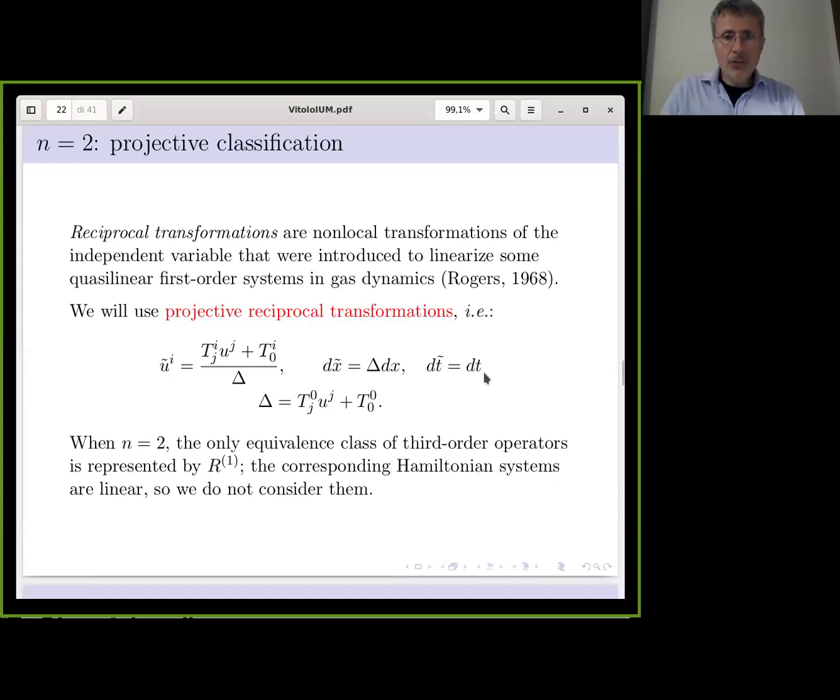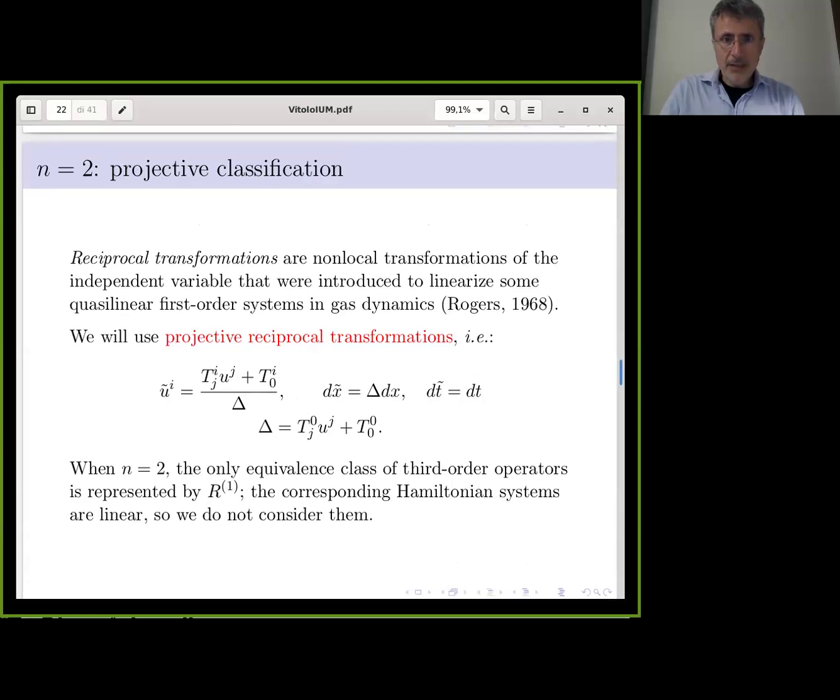So we can also attempt a projective classification. How to do a projective classification? Well, if we consider projective transformations of the dependent variables, we destroy the flat coordinates structure that I was telling before.